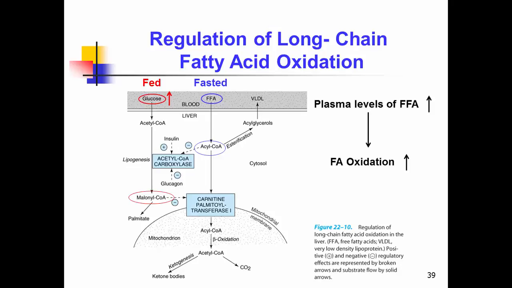Malonyl-CoA is a very important substrate that can inhibit CPT1. Here is the mitochondrial membrane, and CPT1 is localized in the mitochondrial membrane and is the key enzyme that controls fatty acid transport, right? Under the fed condition, because a lot of malonyl-CoA is generated, CPT1 activity is inhibited by high levels of malonyl-CoA.